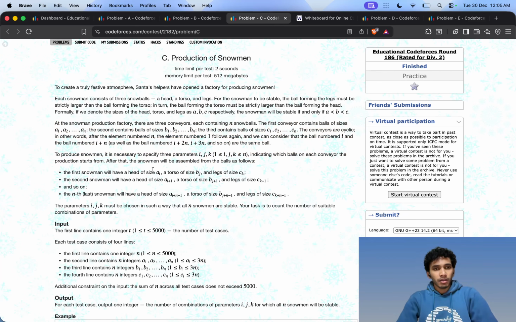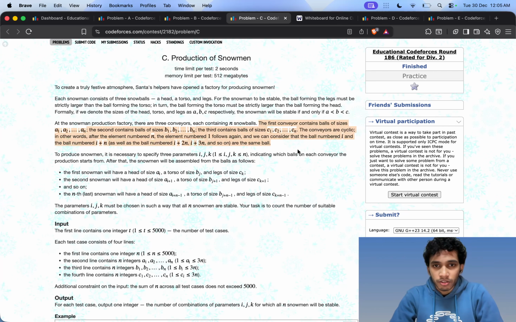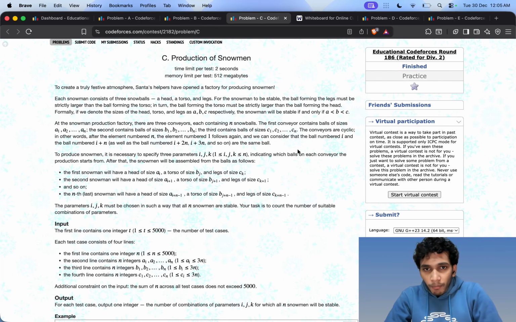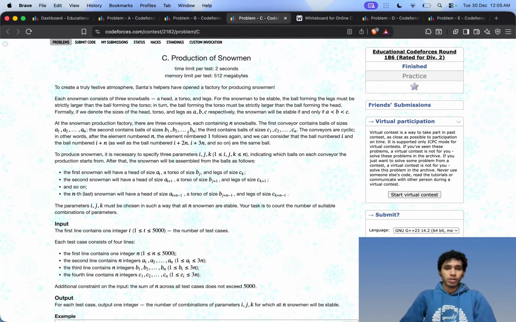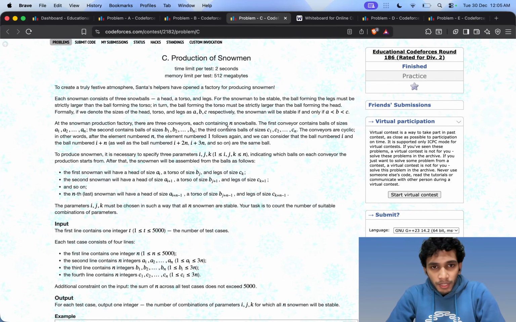At the snowman production factory, there are three conveyor belts, each consisting of n snowballs. The first conveyor belt consists of balls of size A1 up till AN. The second consists of balls of size B1 up till BN. And the third consists of balls of size C1 up till CN. The conveyors are cyclic.